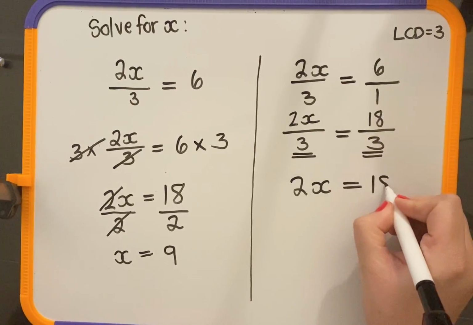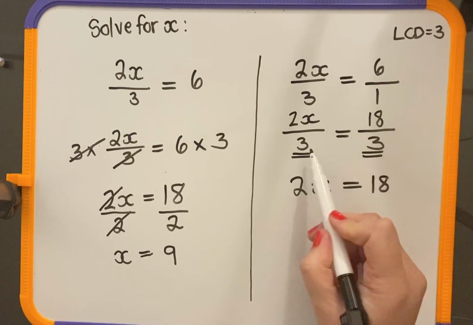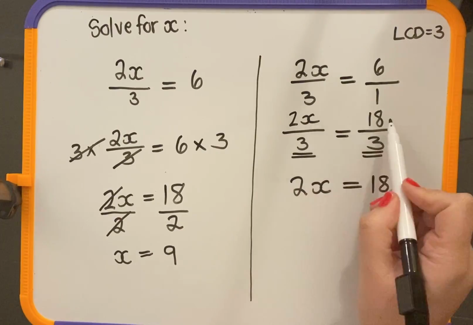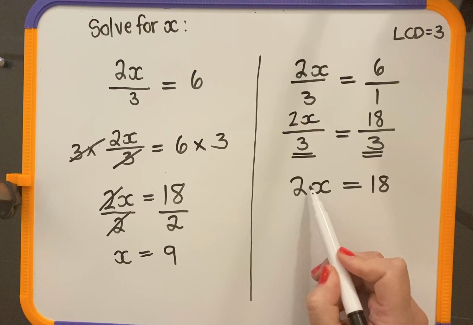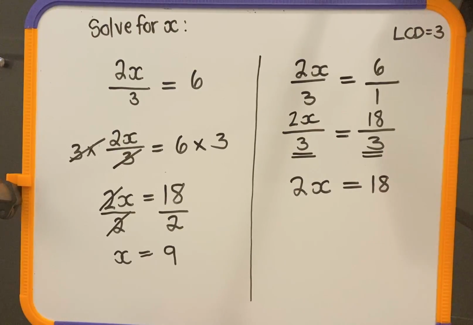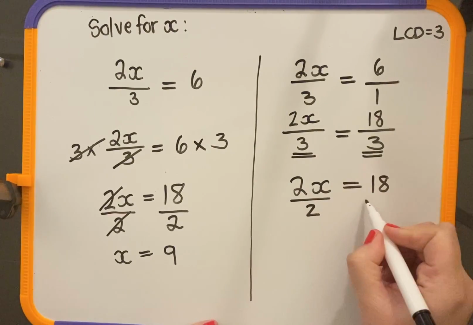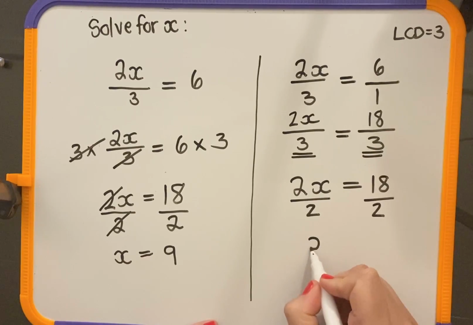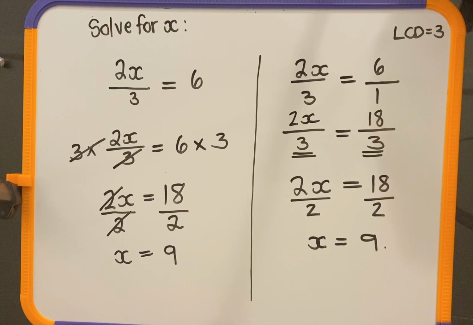It's not really correct mathematical terms, but if my denominators are exactly the same, then my numerators can equate to each other. To get rid of the 2 in front of that x, it's 2 multiplied by x. To undo multiplication, we're going to use division. So we say 18 divided by 2 is 9.